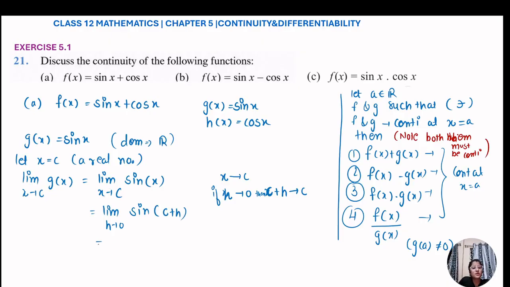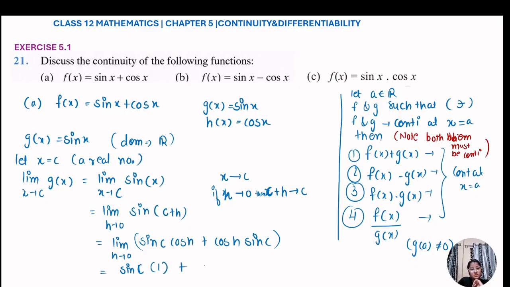Now here we will use the algebra of sine of a plus b, which is nothing but sine c cos h plus cos h sine c. Here c works as a constant, so this limit comes out to be sine c times the limit of cos h as h tends to 0. We know that when h tends to 0, cos h is 1.